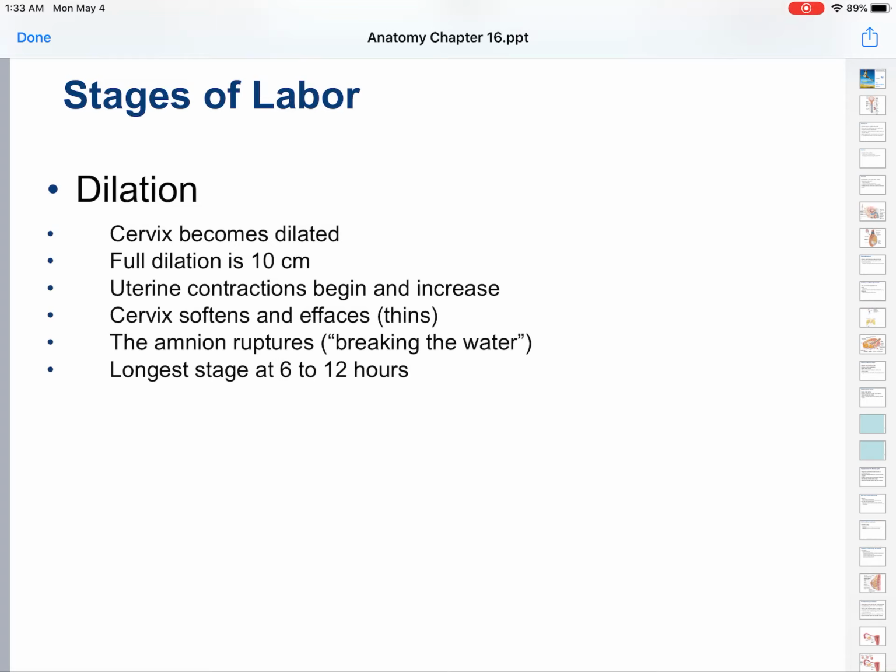Stages of labor. Dilation. Full dilation is 10 centimeters, which is, not knowing exactly how big it is, probably about two thirds the length of your hand, half the length of your hand somewhere.